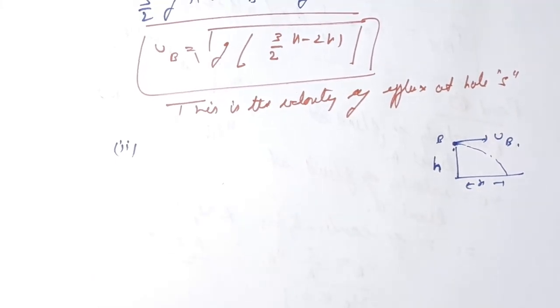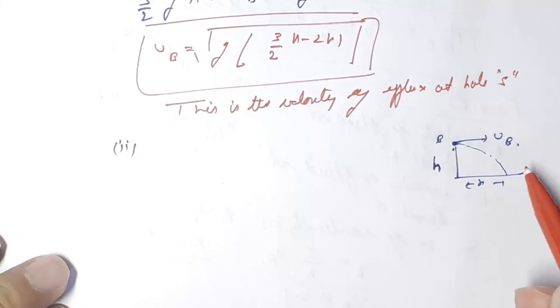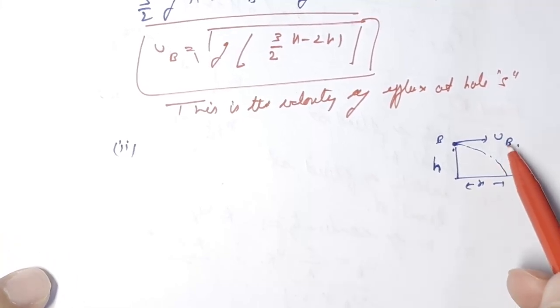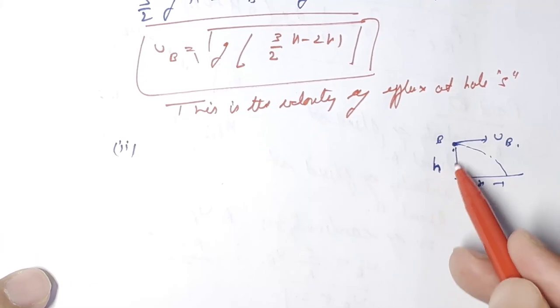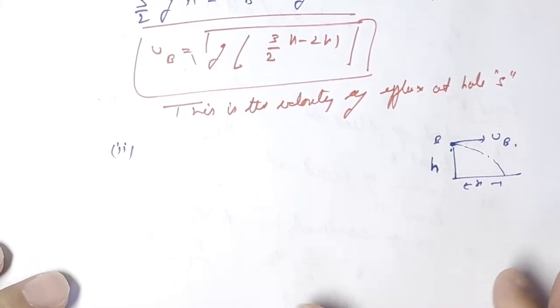Now we can say that the horizontal distance will be equal to the velocity multiplied by time, and we can find out time. So let us start with the time.